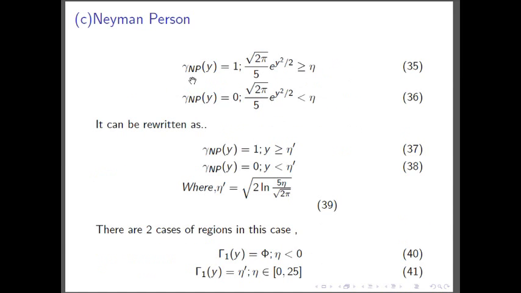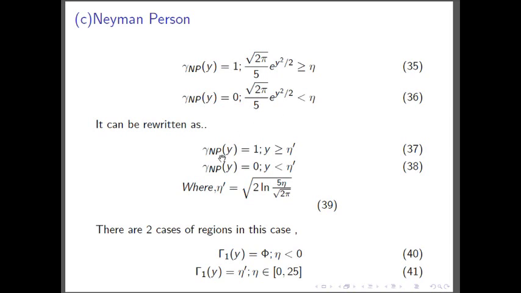The Neyman-Pearson decision rule is given by gamma Neyman-Pearson of y is equal to 1 for root 2 pi divided by 5 into e power y square by 2 greater than or equal to eta, and is equal to 0 for root 2 pi divided by 5 into e power y square by 2 less than eta.